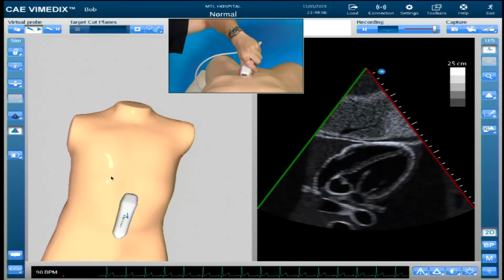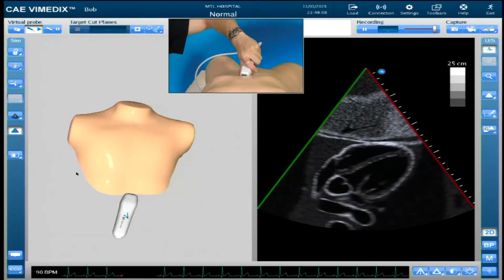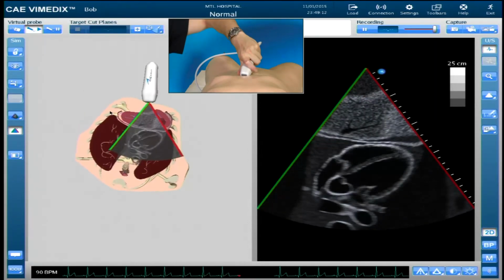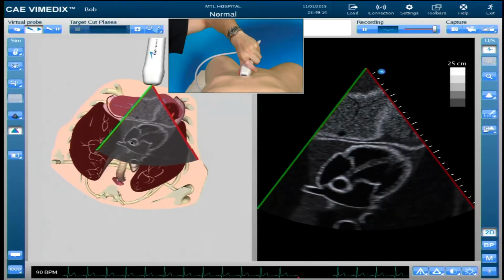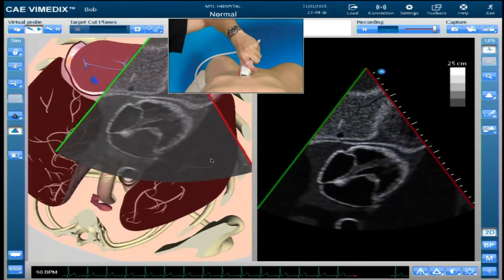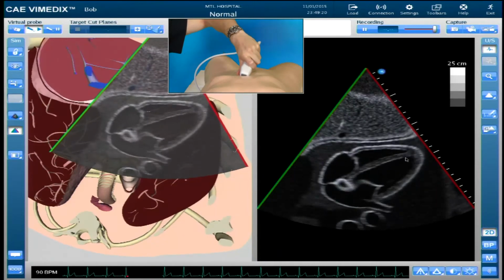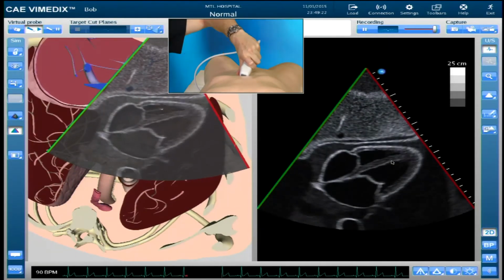By angling underneath the rib cage, we can look up using the liver as the acoustic window. We can look at a subcostal position.